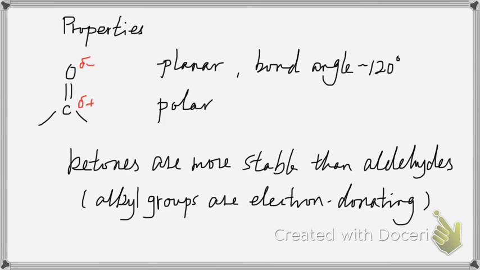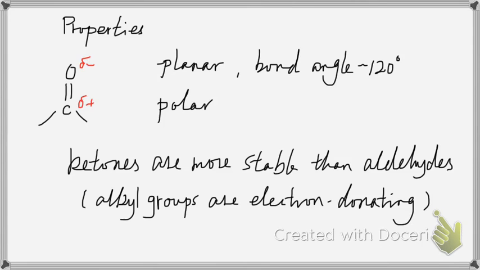So in ketones, the alkyl group will stabilize the carbonyl carbon. For steric reasons, the ketones will have two carbons attached to the carbonyl, which will make that area crowded. So the reaction that can take place on the carbonyl carbon will be less likely to take place.